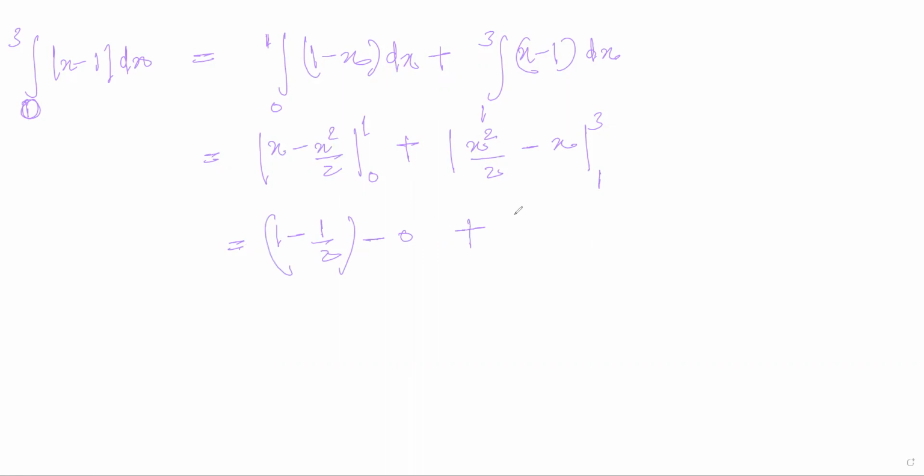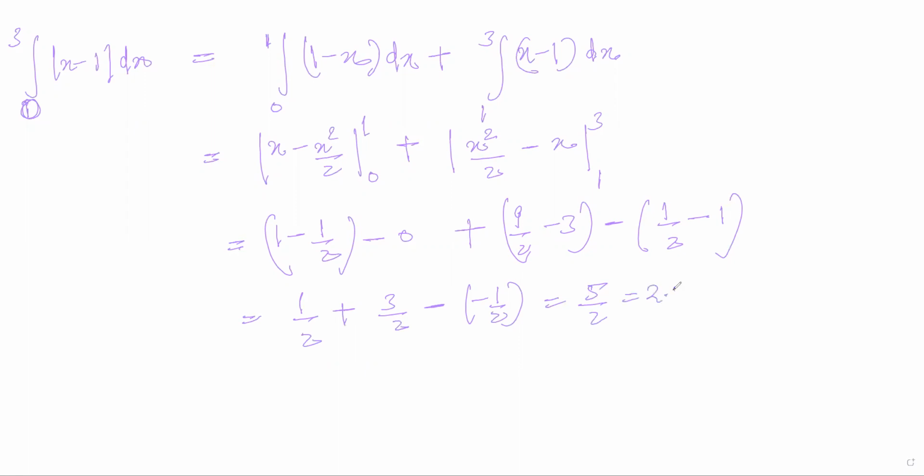And this would be 9 by 2 minus 3, upper limit minus lower limit. So this would be 1 by 2 minus 1 by 2 minus 1, so this would be minus half and this would be half. Half plus 3 by 2 minus of minus half becomes plus half. So this becomes 5 by 2, that is 2.5. That should be the answer.